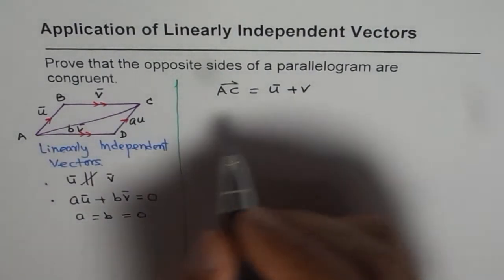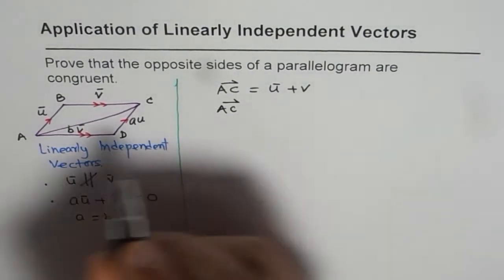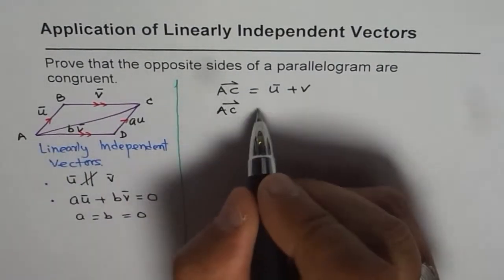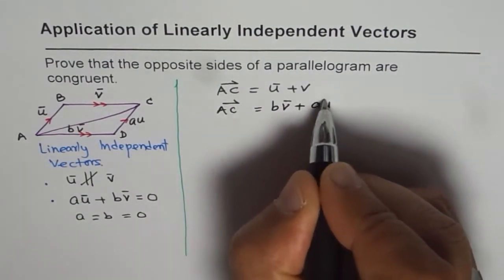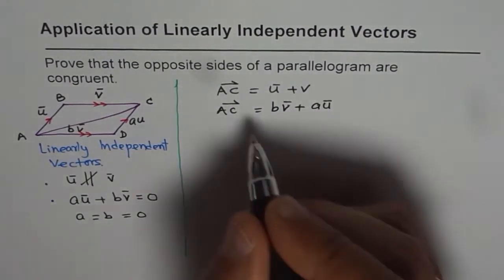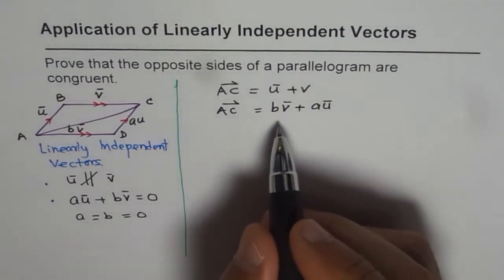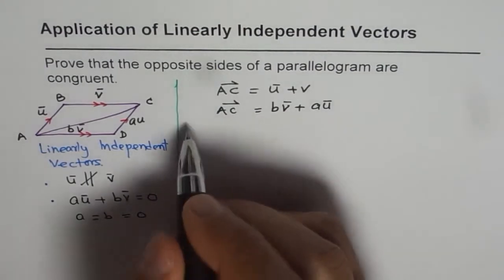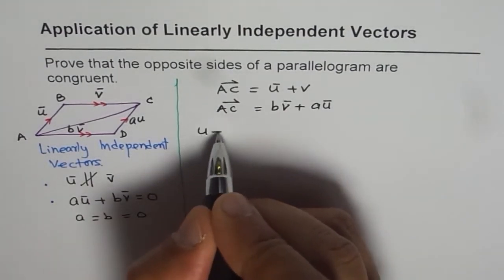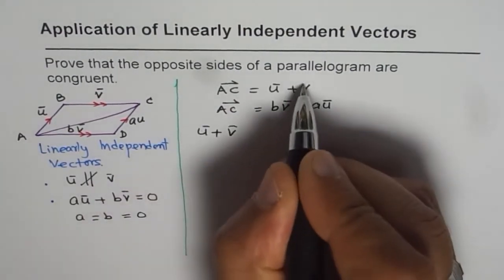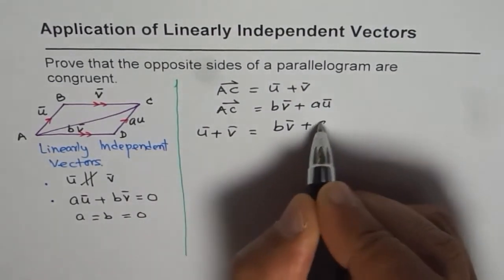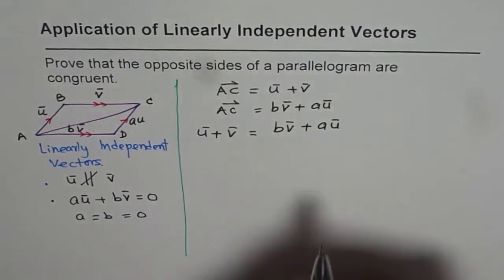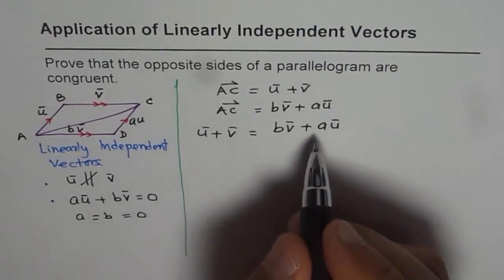AC from the other side will be equal to bv plus au. Now both should be the same, right? So we can write u plus v equals bv plus au, right? Bringing them together, what do we get?